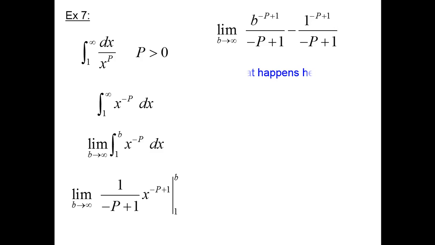P is a constant, that doesn't change. So when we use the fundamental theorem of calculus on the x, we have b to the negative p plus 1 over negative p plus 1 minus 1 to the negative p plus 1 over negative p plus 1. So what I want you to think about here is what's going on with the various p values.